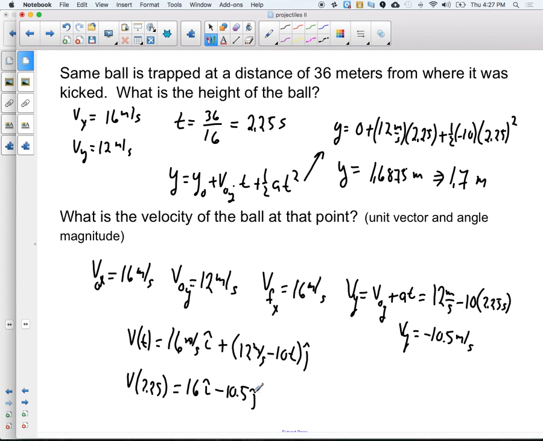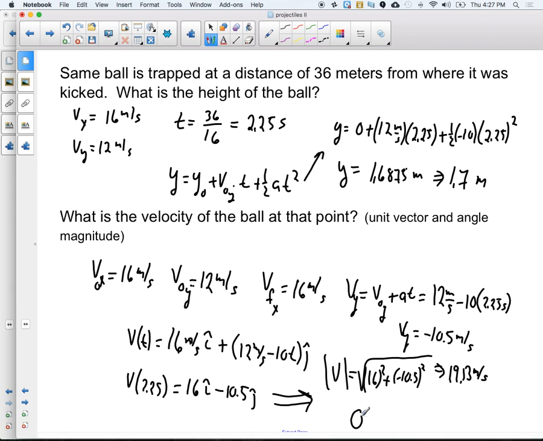And if I wanted to do it in magnitude and angle, the velocity would be the square root of 16 squared plus 10.5 squared, and that would give me 19.13 meters per second.